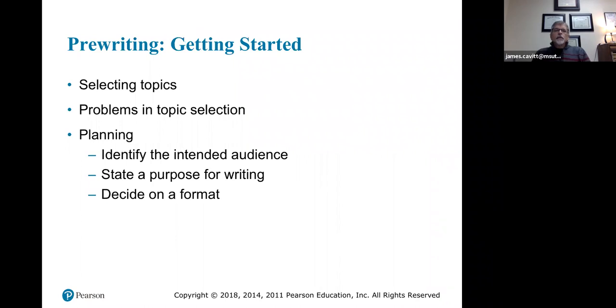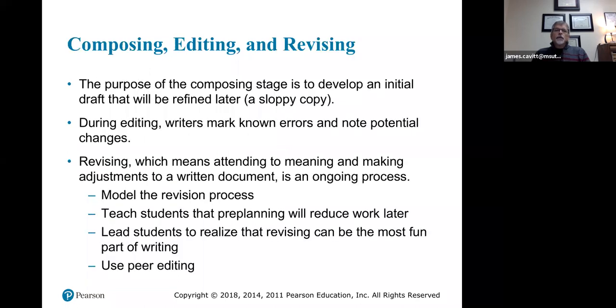Here's some things to do pre-writing. This is what I have to do when I'm starting to write an article, which I'm working on these days. And these are really good strategies. Then composing, editing, and revising. Make sure that they understand that the first time they write it, it won't be the last time.